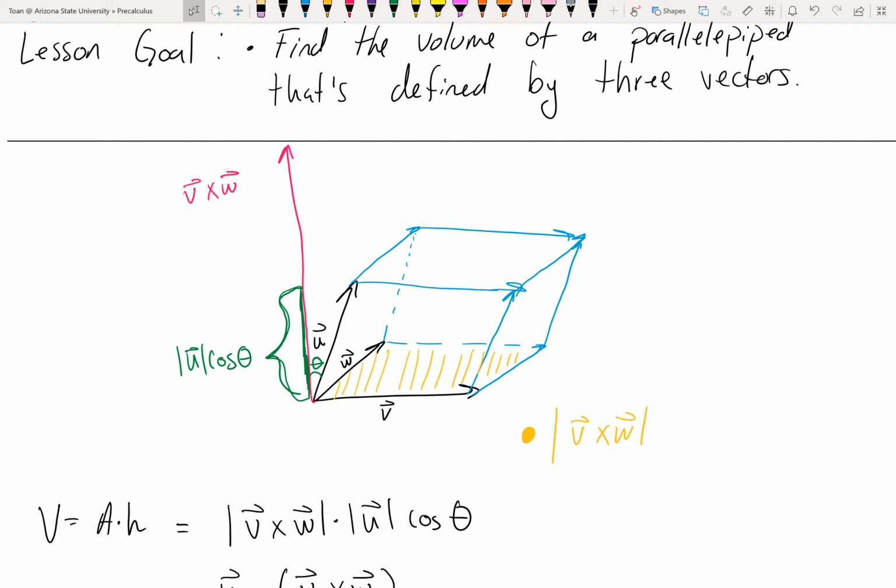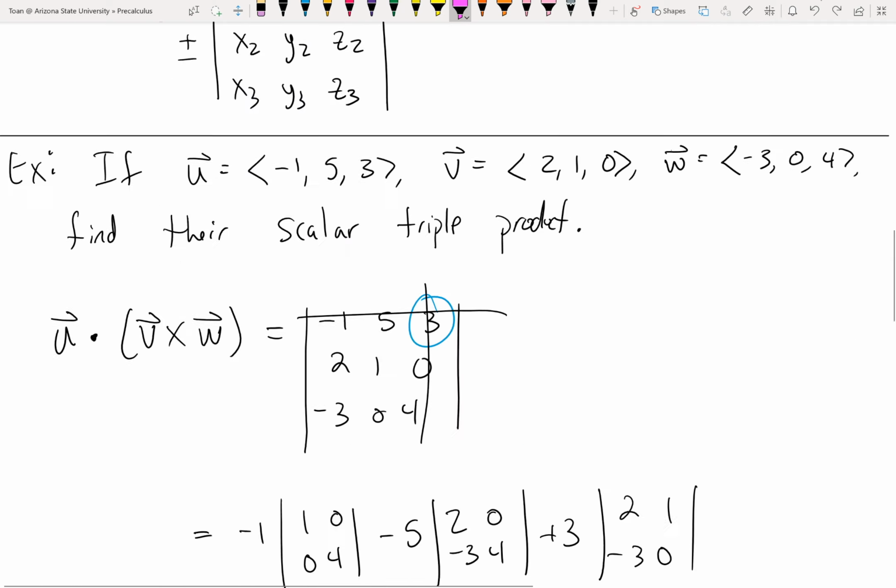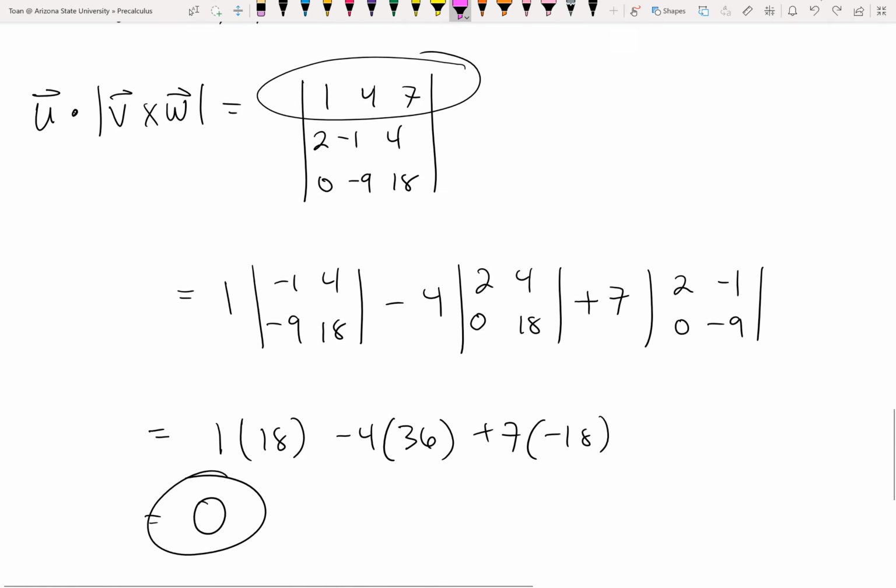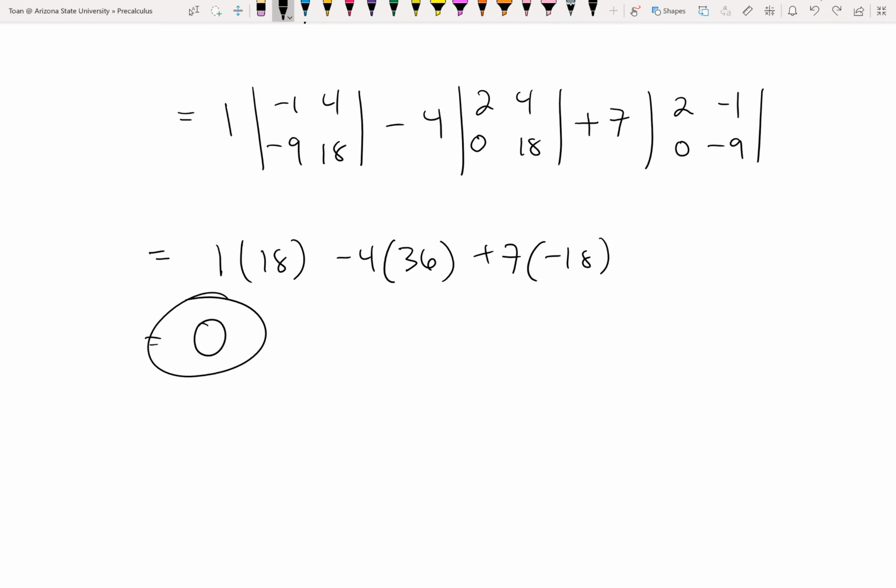Well, imagine that this box is one of those collapsible ones, right? Imagine vector u, you're able to pivot it. You can move vector u down, or you can move vector u up. If you move it up, it's sort of like a leaning building: the building leans up, and if you move it down, it flattens. So the only logical conclusion for your scalar triple product to be 0 is that your 3 vectors lie on the same plane.